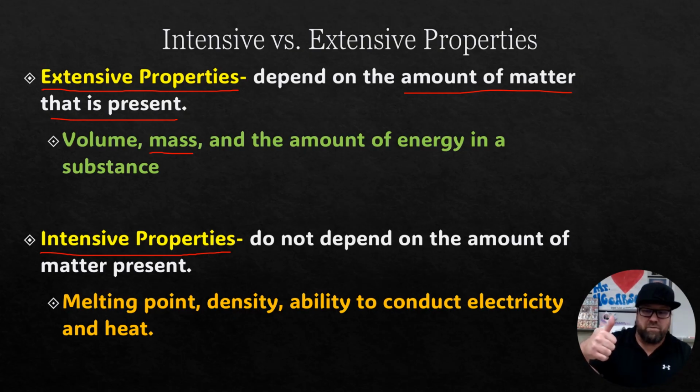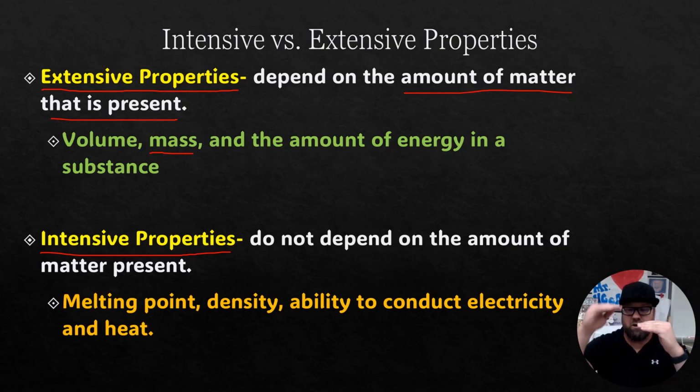It will go up. Okay. If I take a balloon and push more air in with more air pressure, the volume of the balloon will increase. So, an extensive property is a property where the measurement of the property, the value or the number related to the property, changes as the amount of matter increases or decreases.